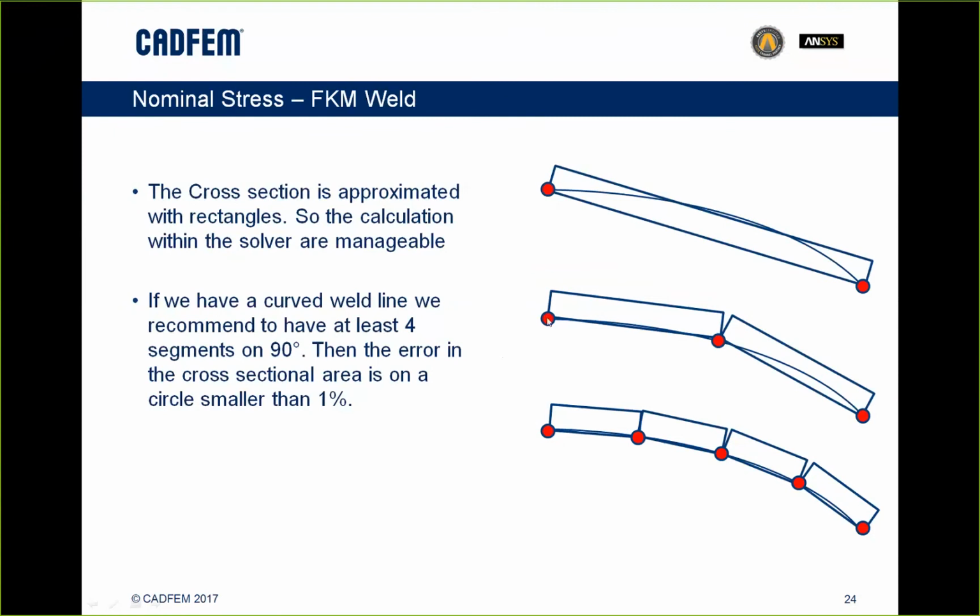So it will take the forces and moments from these elements between these two nodes, and compare that to the rectangle where I have the basic information, and then we will have the nominal stress, and this nominal stress will be used in the assessment.